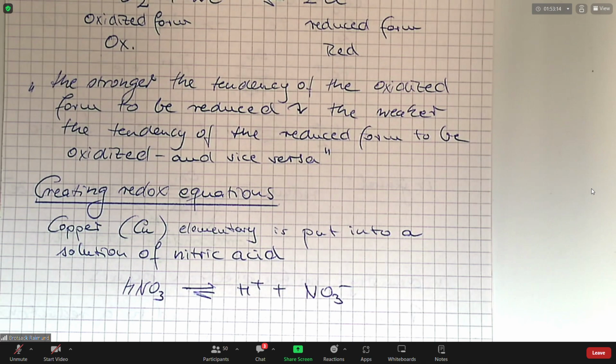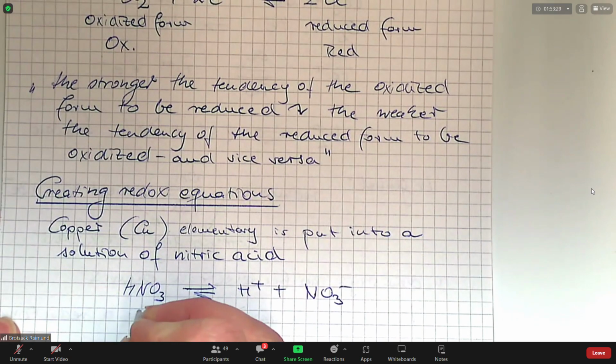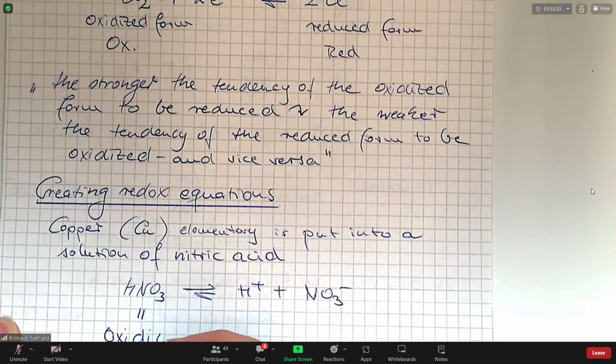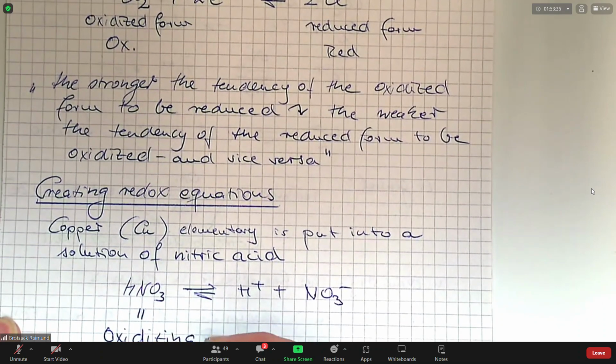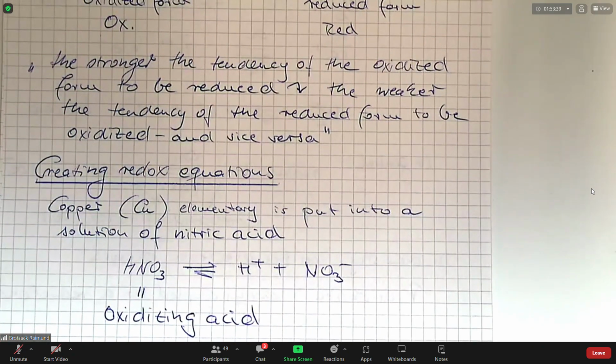HNO3 can act as an acid and is what we call an oxidizing acid. So HNO3 is an oxidizing acid, and I will explain what it means.